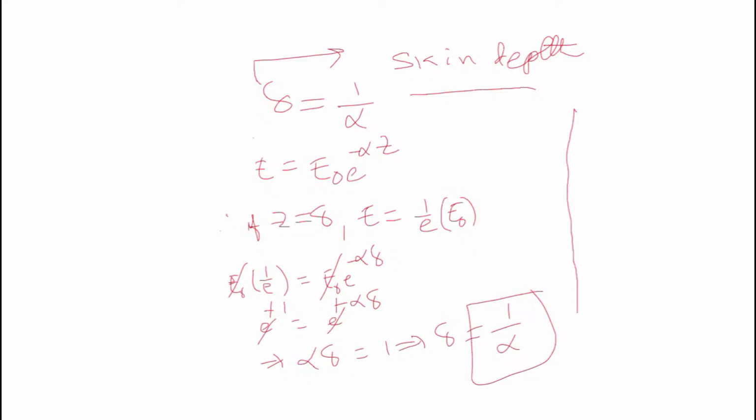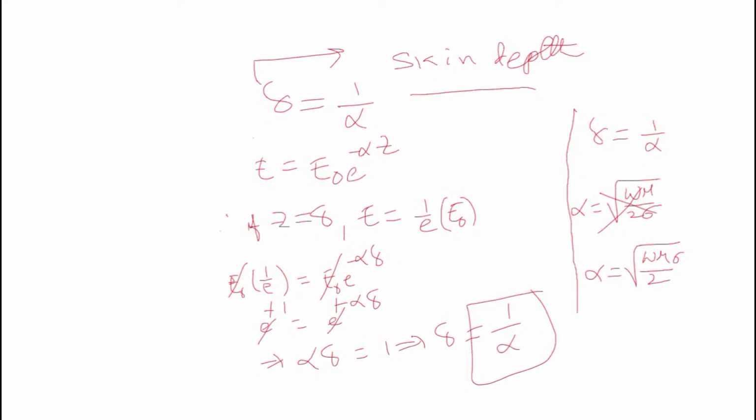Just now we derived the characteristic delta is equal to 1 by alpha. Already we have alpha. Alpha equal to under root omega mu sigma by 2. Sorry, it's correct: alpha equal to under root omega mu sigma by 2.